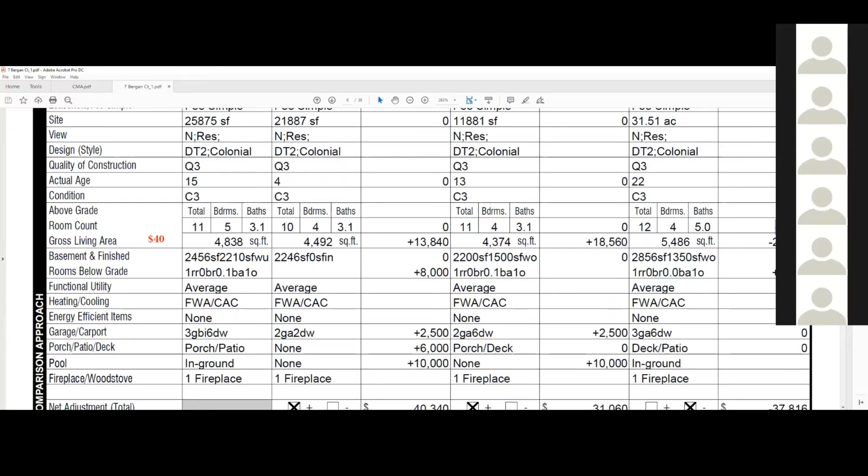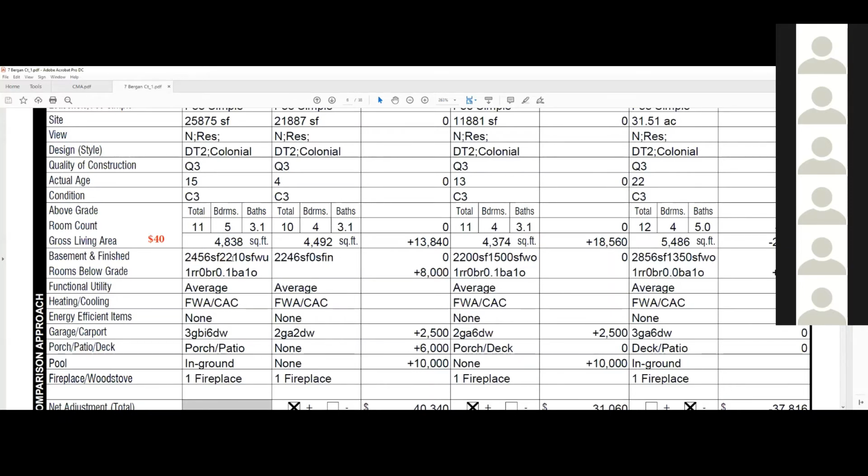That's where he made adjustments based on having 1.5 bathrooms more, even though there's an additional room in here. So he calculated $40 per square foot for the difference. And as you can see, this home is larger, and again, they reduced it by $40 per square foot.